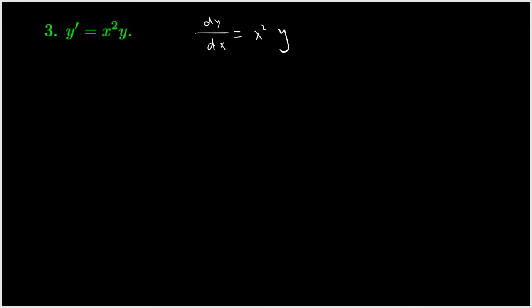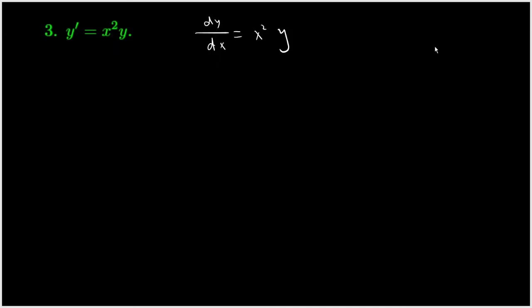Why do we do that? It's because we want to separate y and x. This notation is essentially the same thing. Now we treat dy as the differential of y. We treat dx as the differential of x. Again, it's permissible to treat dy over dx as a fraction now, as a quotient now.